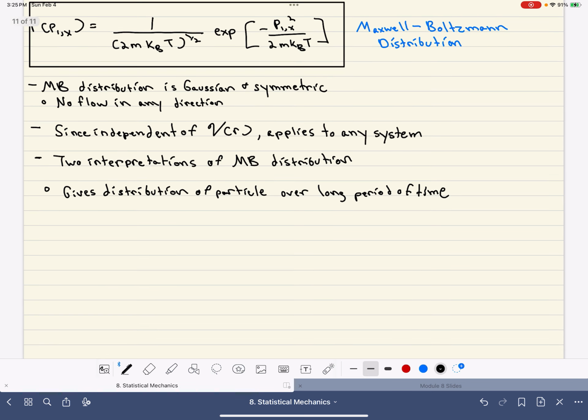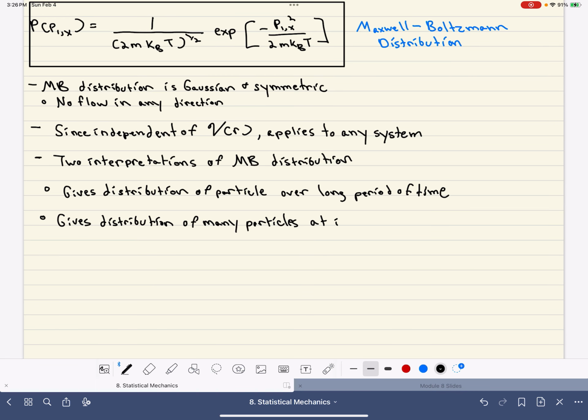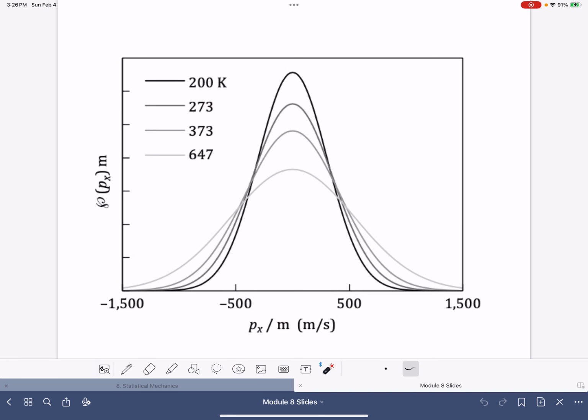Another way to interpret it is that it gives the distribution not of one particle, but of many particles at a single instant in time. Such that this distribution tells you the probability of finding a particle with this momentum, or this momentum, or this one.